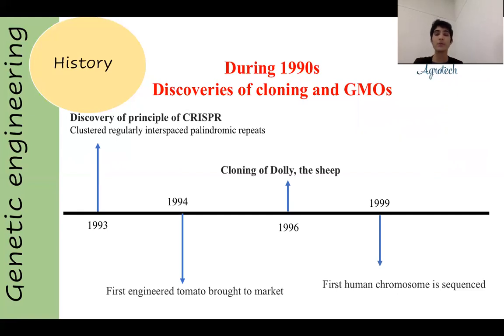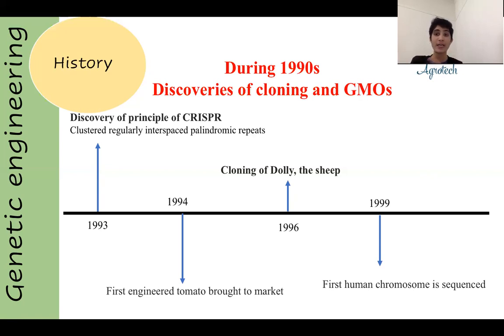I will give you more insights in the next sessions on what CRISPR is, but it is one of the gene editing tools, widely used. It stands for clustered regularly interspaced palindromic repeats, and it has the Cas9 protein, which acts as a scissor to cut DNA at a specific sequence.